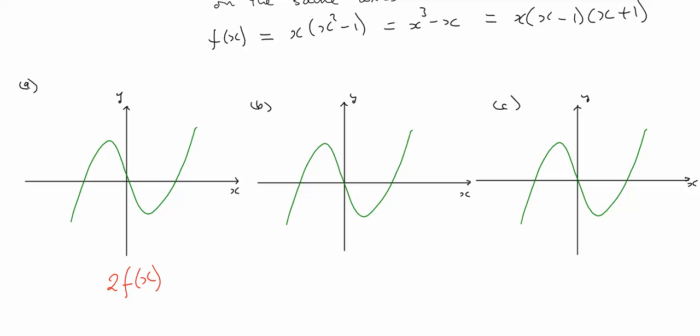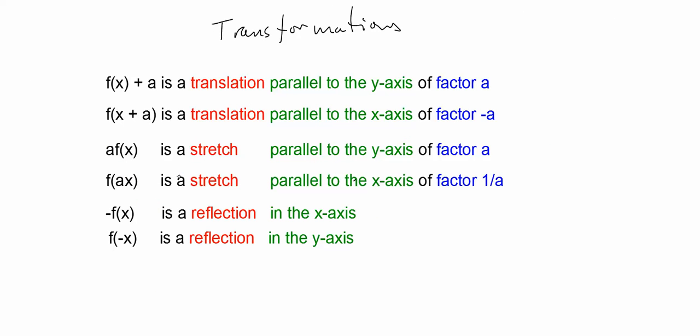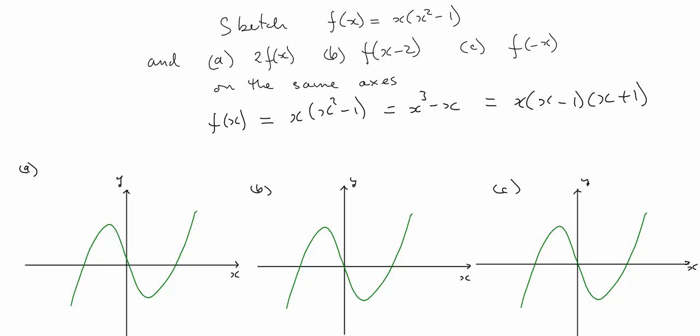Now first of all we want to sketch 2f of x. Now what transformation is this? Well, going back to the list, 2f of x we see is a multiple of f of x, is a stretch parallel to the y-axis of factor 2. A stretch parallel to the y-axis leaves these points here alone, they won't change, and the rest would stretch up, so the maximum or minimum would be twice as far.